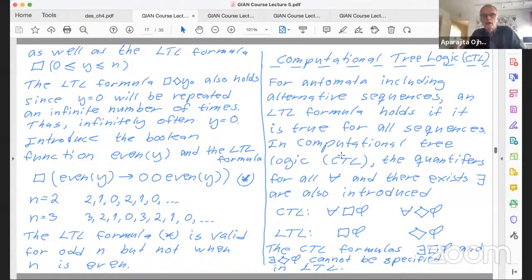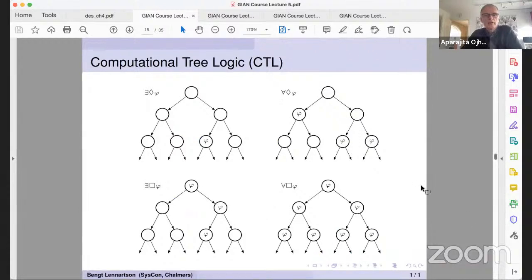Okay, for automata, including alternative sequences, an LTL formula holds if it's true for all sequences. So, for instance, we can take a look here and see that this could be a part of an automaton.